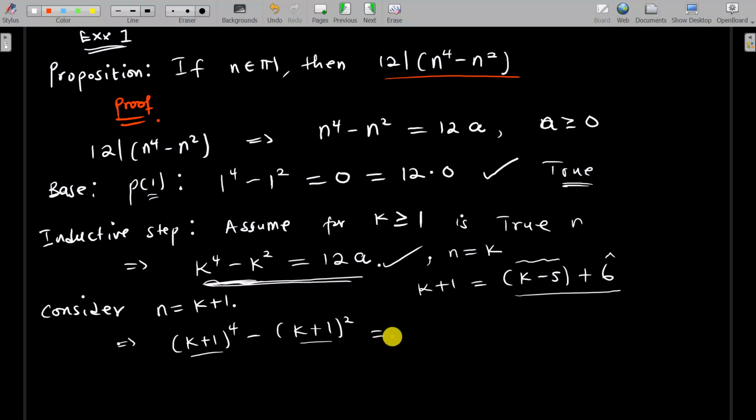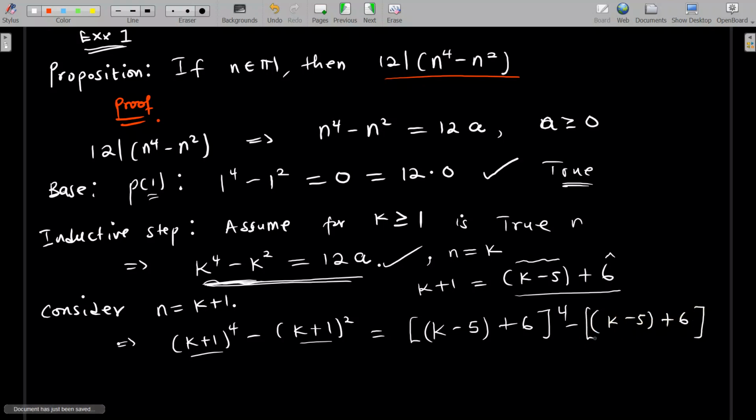So the idea, like I said, is to be able to use the inductive step that we said here, the k, and also be able to rewrite our expansion in terms of only multiples of 12, so that we'll be able to prove it. Then minus k minus 5 plus 6 squared, right?